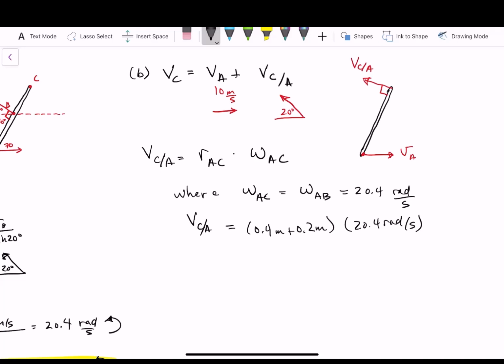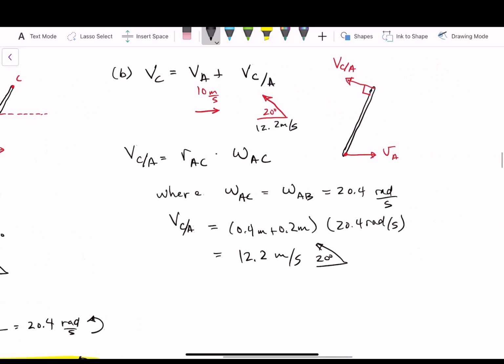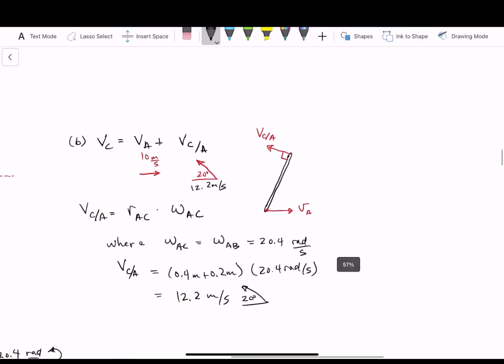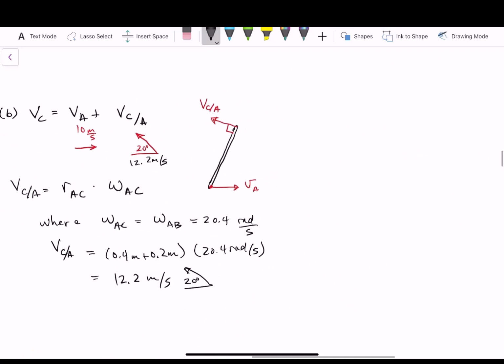And so we get a magnitude here of 12.2 meters per second at an angle of 20 degrees. So we're going to add that to our equation up here. We know that it is 12.2 meters per second, and that will help us solve our velocity triangle.